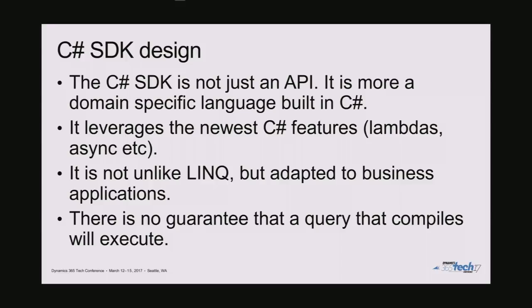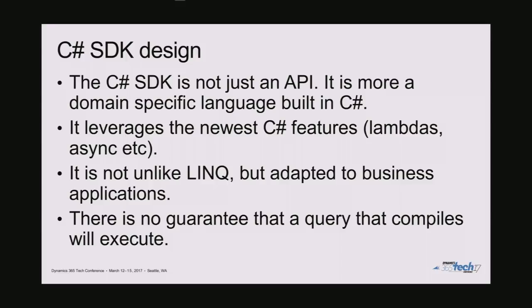Some of the inspiration we got from LINQ, the language integrated query that's part of C#. But we went our own paths a little bit and built something. I like to call it Blink, business language integrated query, and I thought that was sort of fancy and fun. The product team doesn't know this yet, so they'll probably sue me for it.